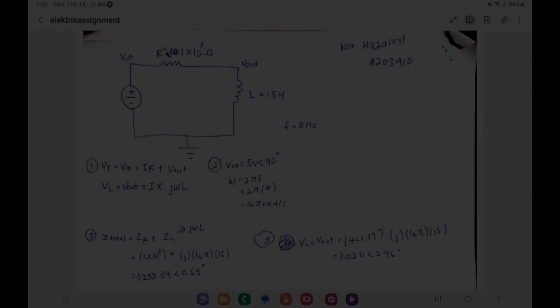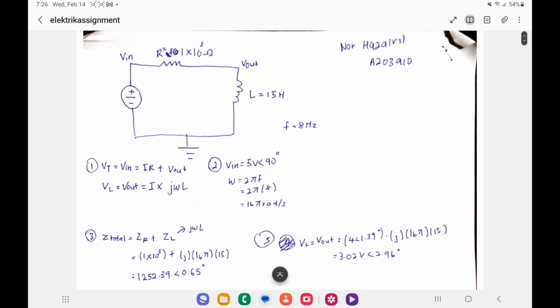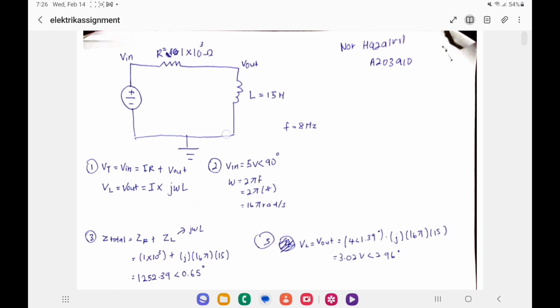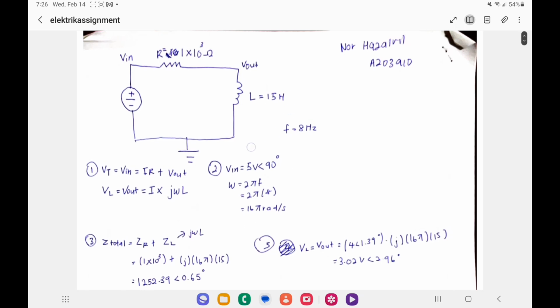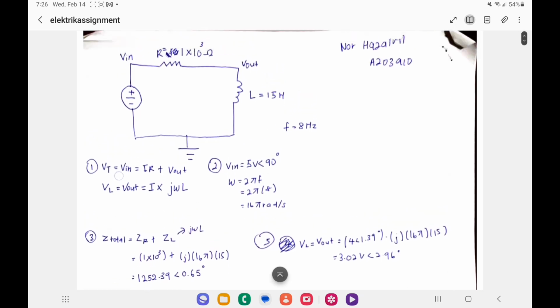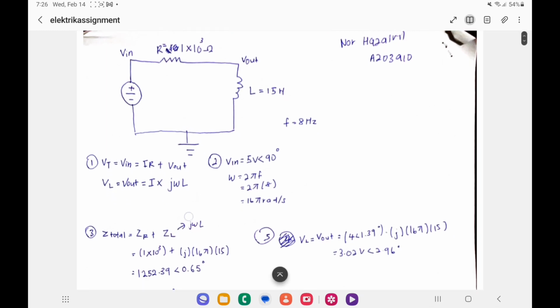So this is my calculation for this assignment, and this is for question 1. As you can see, this is my circuit drawing for question 1, and we need to find VT and VL for this question.